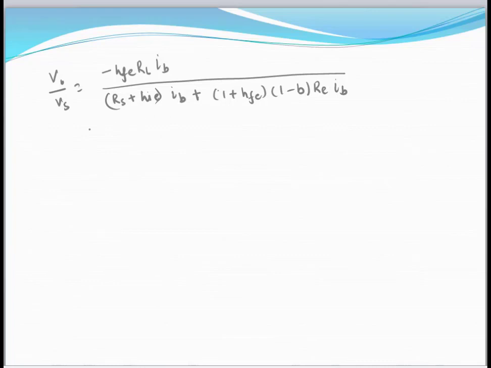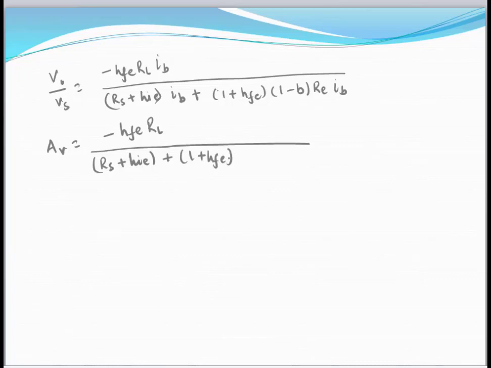IB will cancel out from numerator and denominator, and we will get the value of AV. So AV is equal to minus hfe RL divided by RS plus hie plus (1 plus hfe)(1 minus B) RE.